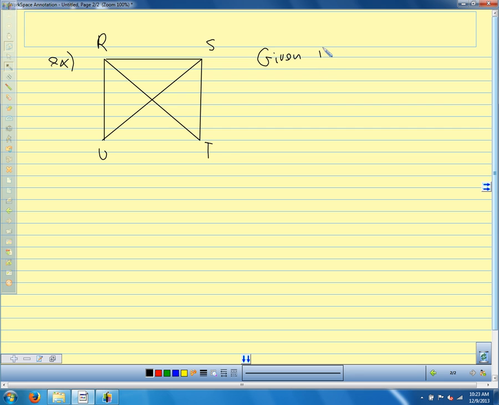And we're given that segment RT is congruent to segment US, and that angle URS and angle TSR are right angles.